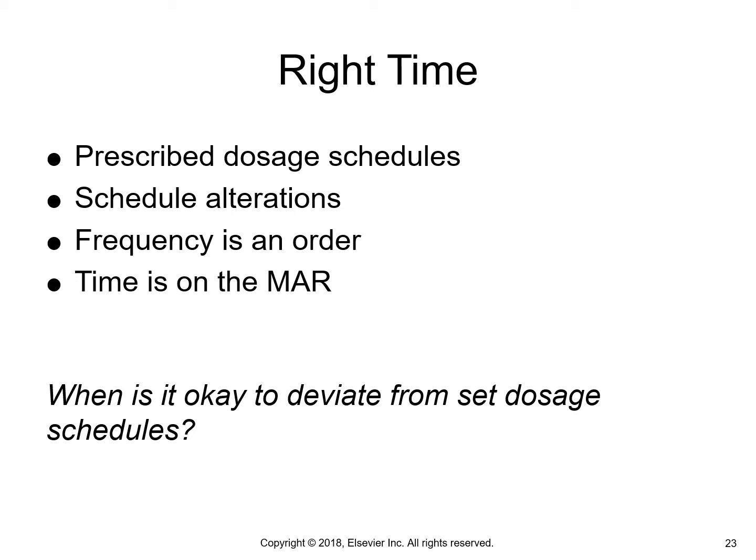Deviation from the dosage schedule oftentimes happens. Let's say the patient went to CT scan, they went out for x-ray, they are at dialysis. So there are deviations from the schedule. That needs to be charted why it was or was not given as per order. It is not in your scope to decide, I will give it to him later tonight when it's ordered for AM.